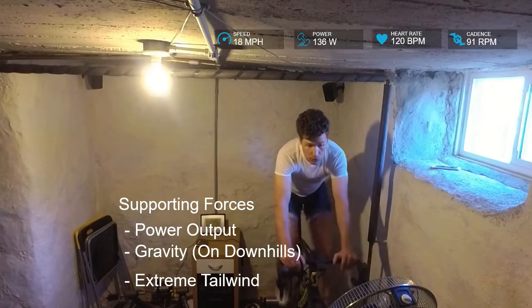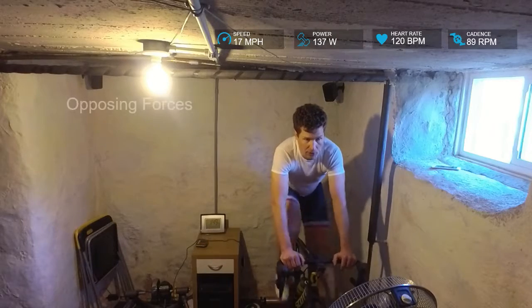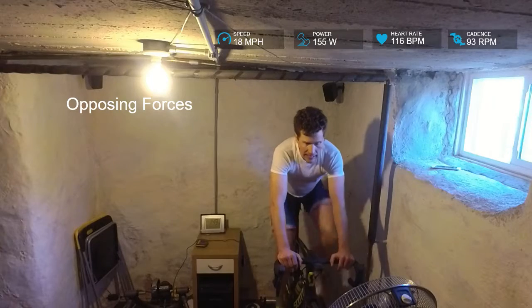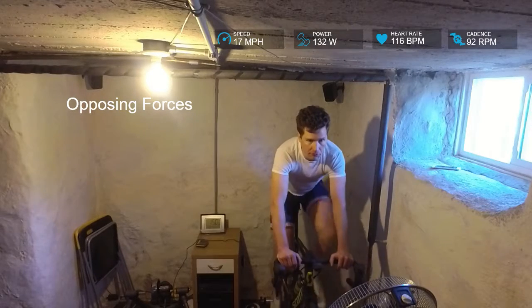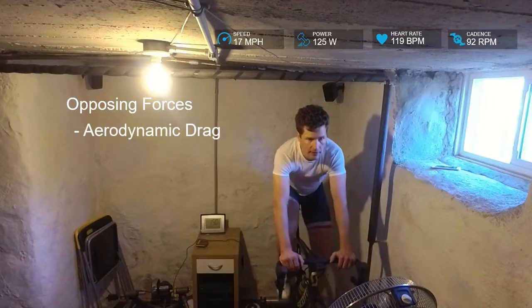Then you've got these forces working against you. Most of that, on a flat road: if you're riding down a flat, paved road, 85% of the resistance that you're trying to overcome is aerodynamic drag.